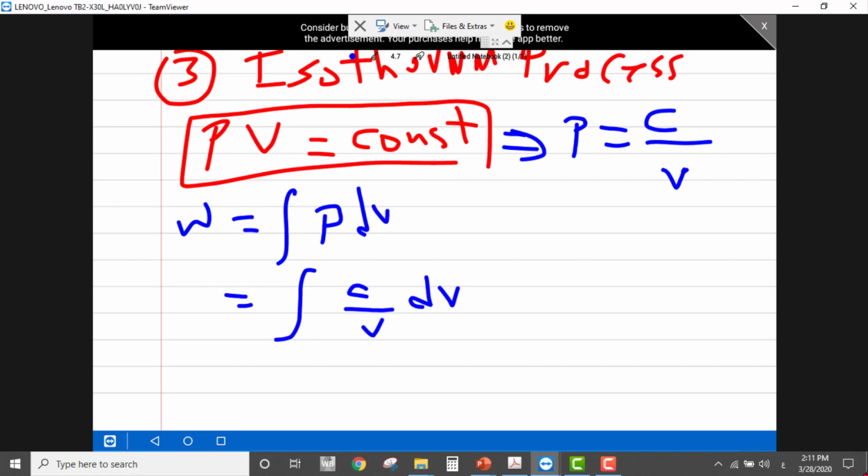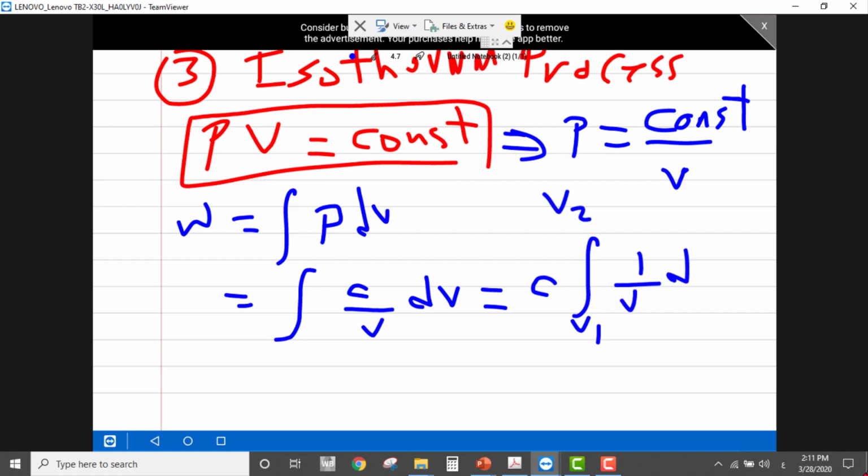C refers to the constant. Instead of writing constant every time, I'll write it as C. So C will go outside the integration, and we are left with the integration from V1 to V2 of 1 over V dV.